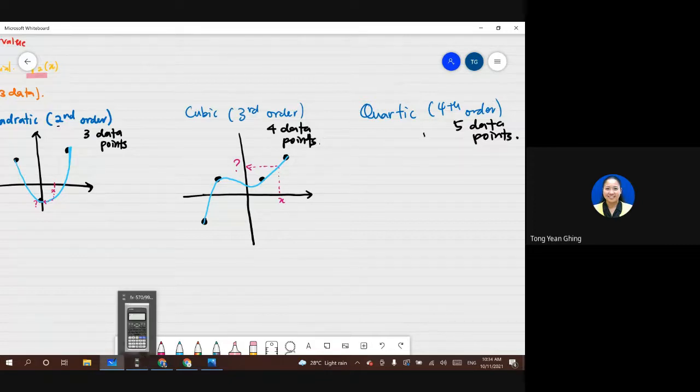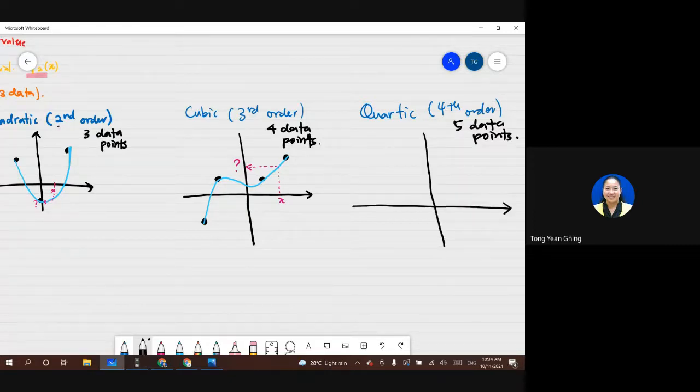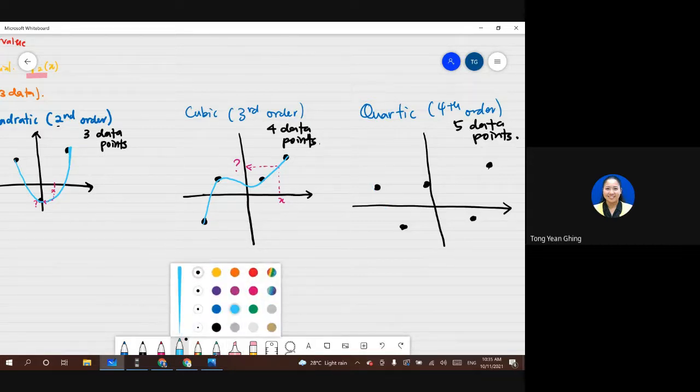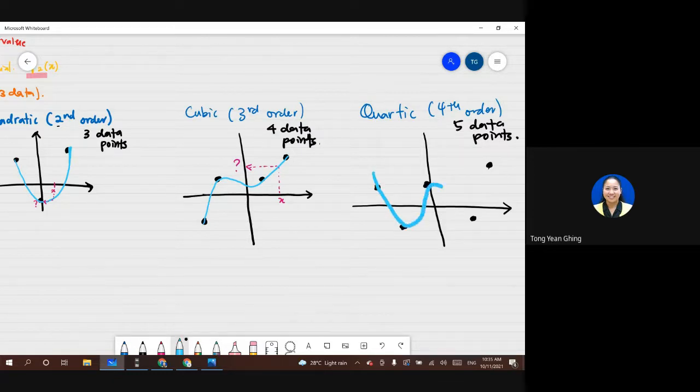So for example, let's say a graph like this, with points 1, 2, 3, 4, 5. And the graph will look like this, a little bigger. And we want to find the value of x, let's say here. So what is this value? The value of y. Okay.